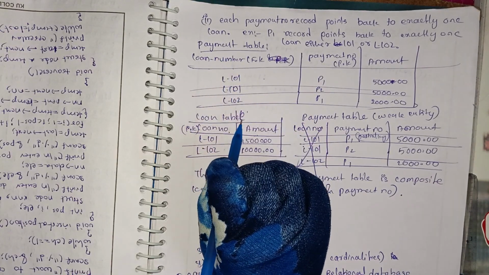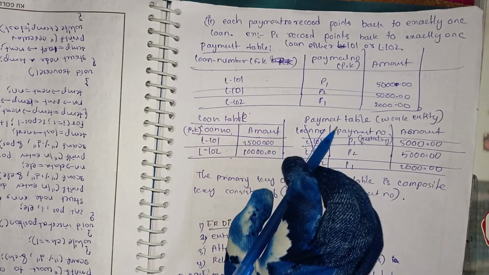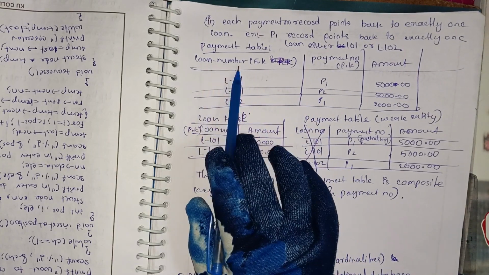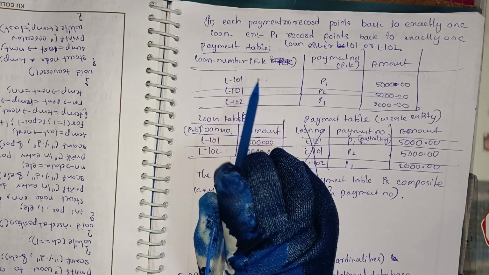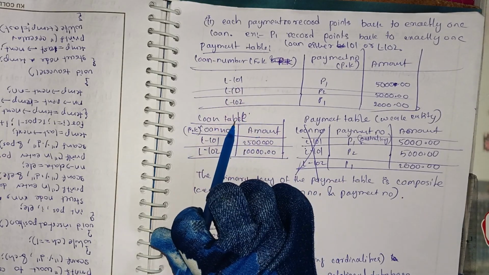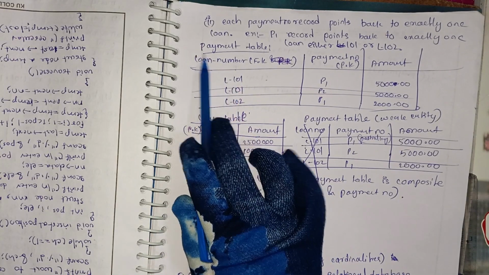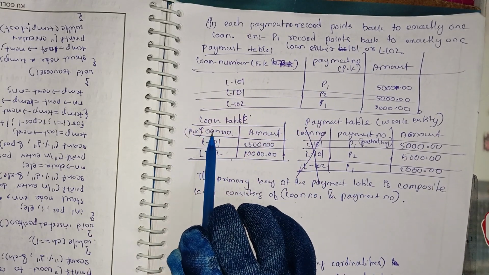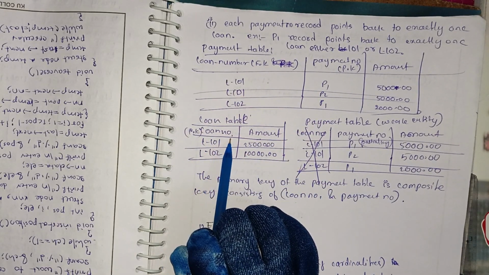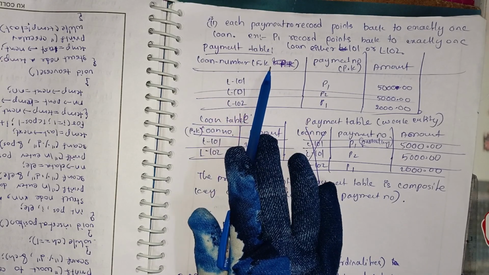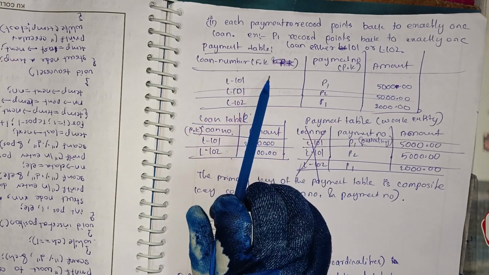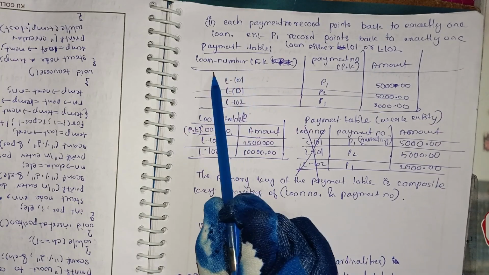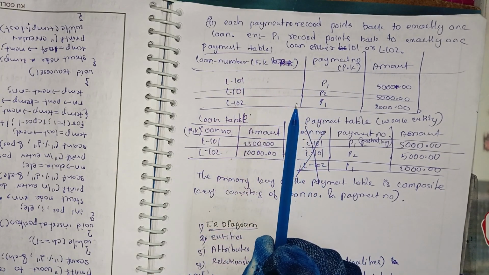We are updating the second table by inserting a loan number column from the loan table. We got the output table. The primary key of the loan table, that is loan number, is used as a foreign key in the payment table, which is the second table. So we got the relationship that is one to many.